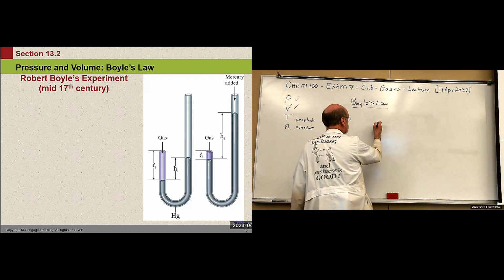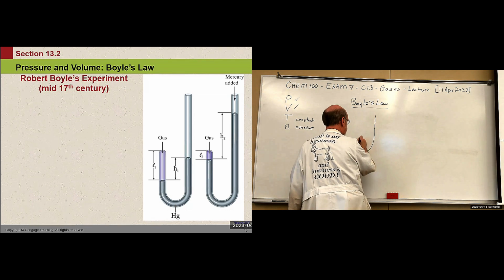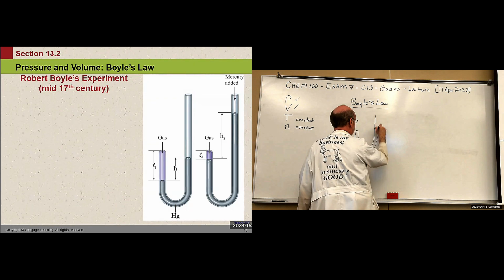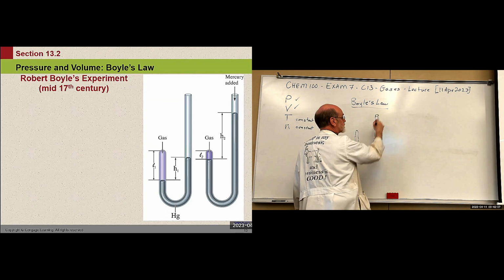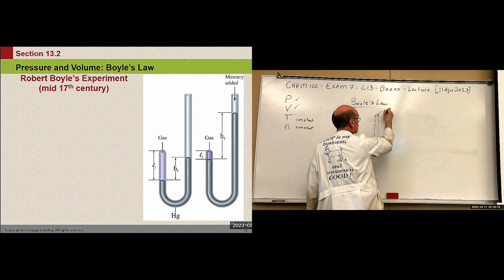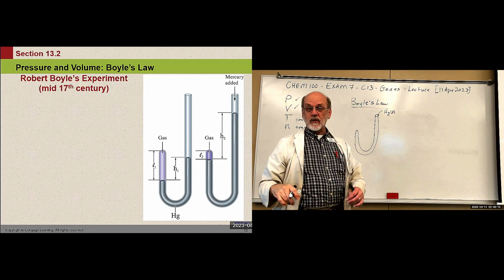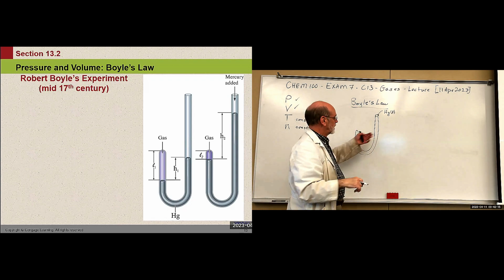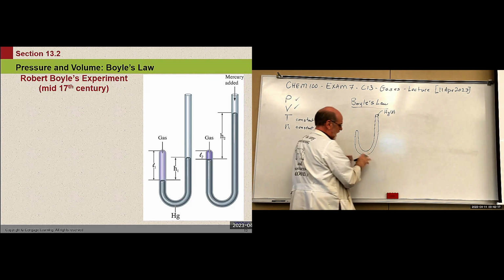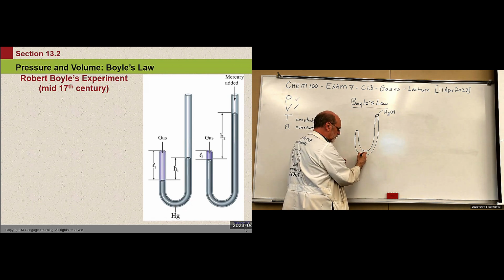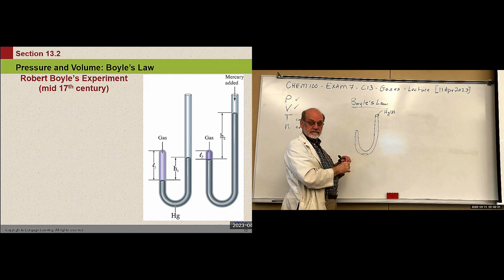So his J tube was like this, like that, and he just used mercury, right? It worked for Torricelli. Why couldn't it work for Boyle? So he put mercury in here and add a little bit of mercury, it pools up on the bottom, right? Like that.